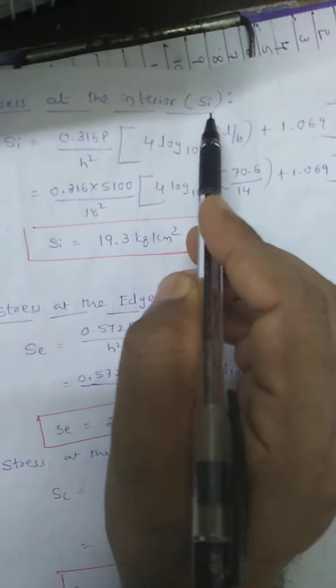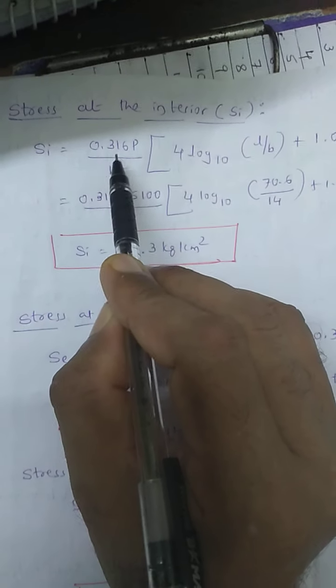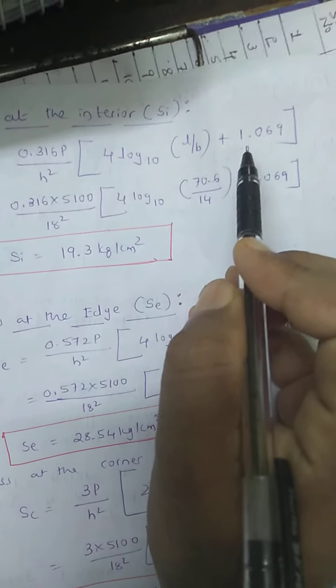Once you know L and B, you can easily find the stresses in interior loading, edge loading and corner loading. So here, the stress at the interior region, that is SI, the formula you know is 0.316 P divided by H square into 4 log base 10 L by B plus 1.069.